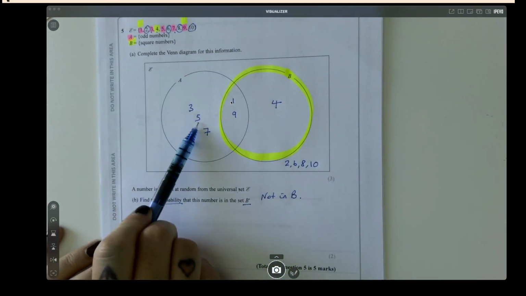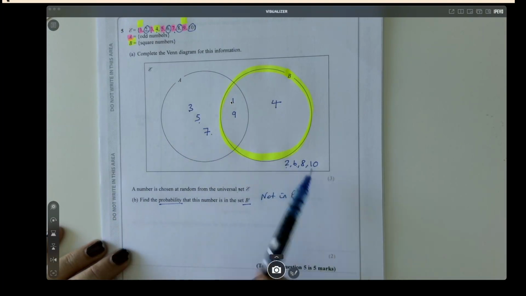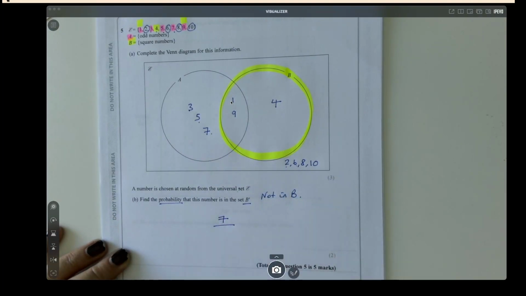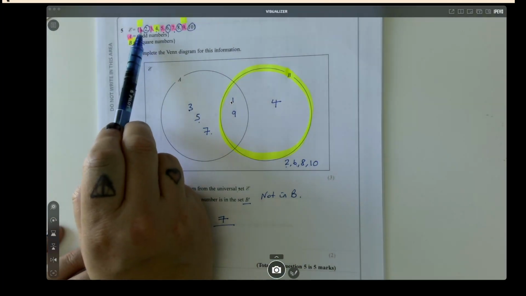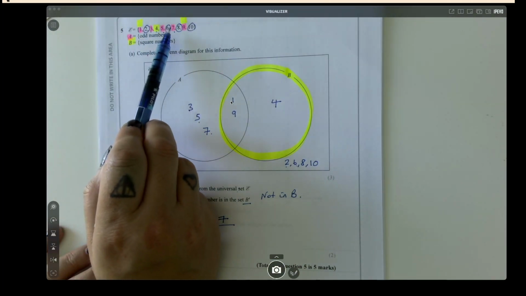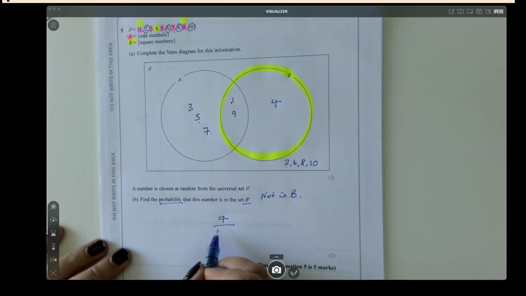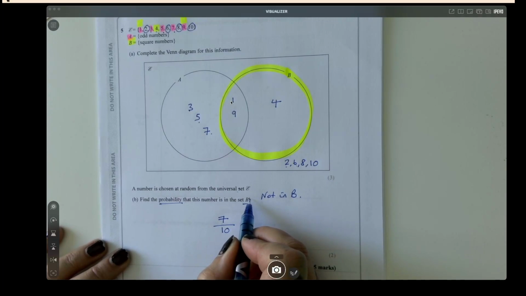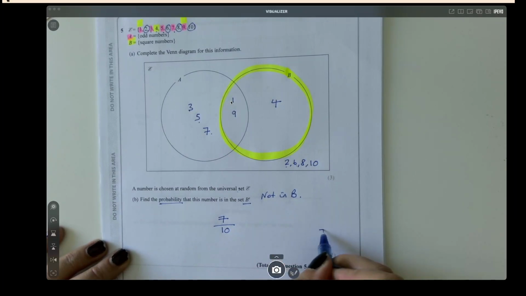So 1, 2, 3, 4, 5, 6, 7 numbers are not in B, and we've got 1, 2, 3, 4, 5, 6, 7, 8, 9, 10 in total. So the probability that the number is in set B complement, so not in B, is 7 out of 10.